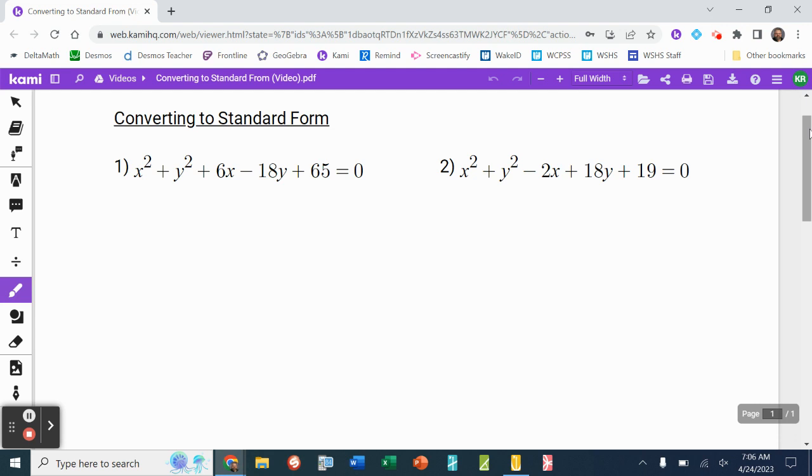So my first step to doing that is always going to be to take this constant, like in this first example here, plus 65, and I'm going to move it to the other side of the equation. So I'm going to start by subtracting 65 from both sides.